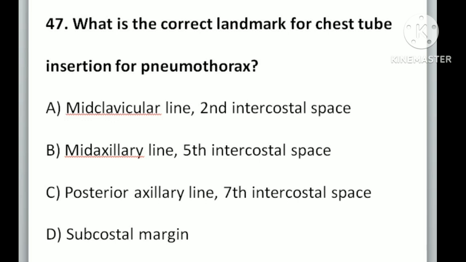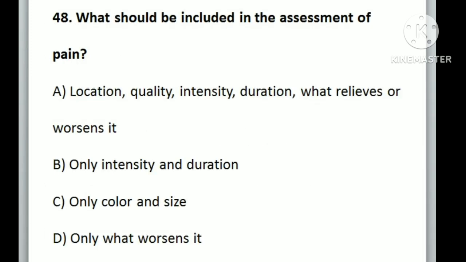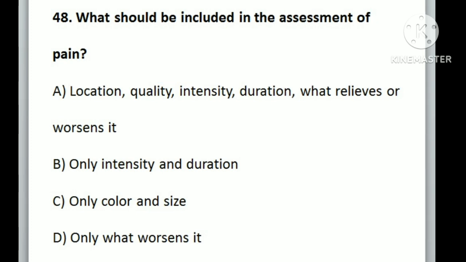47. What is the correct landmark for chest tube insertion for pneumothorax? Correct option is B. Midaxillary line, 5th intercostal space. 48. What should be included in the assessment of pain? Correct option is A. Location, quality, intensity, duration, what relieves or worsens it. 49.